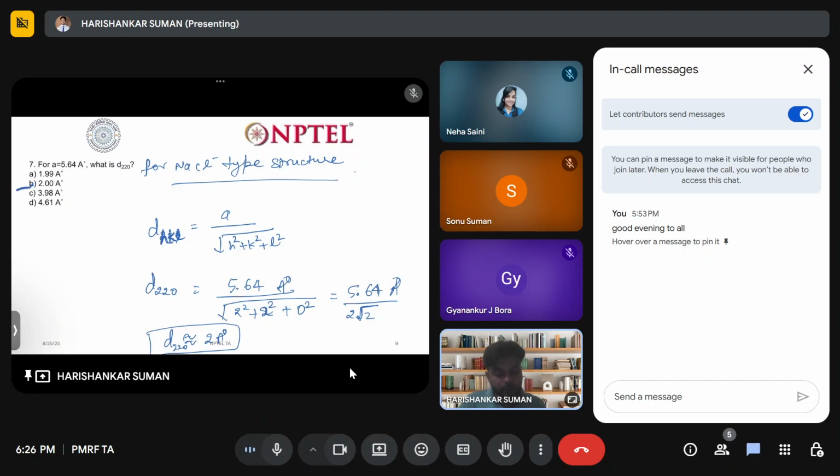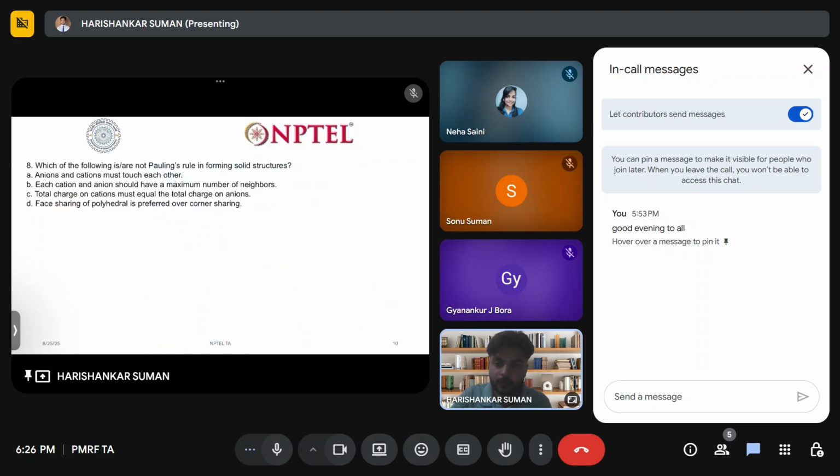Is this the correct answer? Let's see. Yes. So this is the formula. Please apply it and try to solve. Let's check the next question. This is the next question.